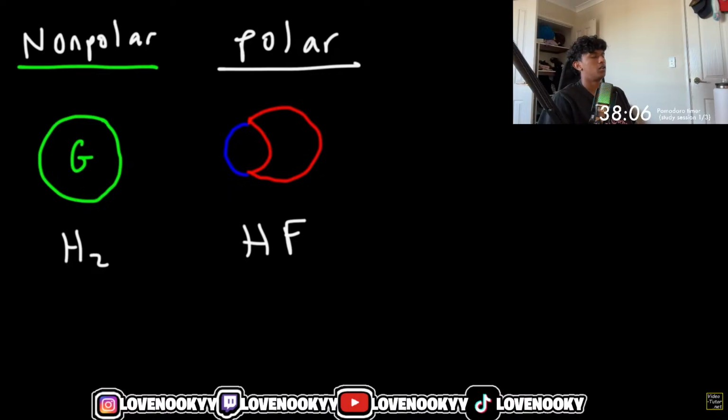But for the most part, if you see one side red and the other side blue, that's an indication that you're dealing with a polar molecule. One side is partially positive. In this case, that's the hydrogen side. And then the other side is partially negative.